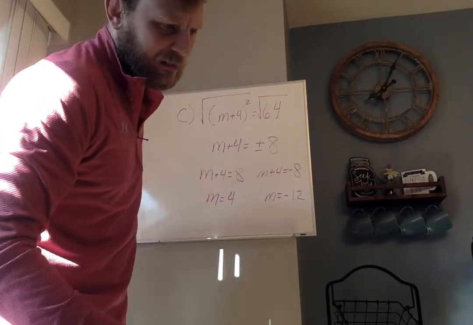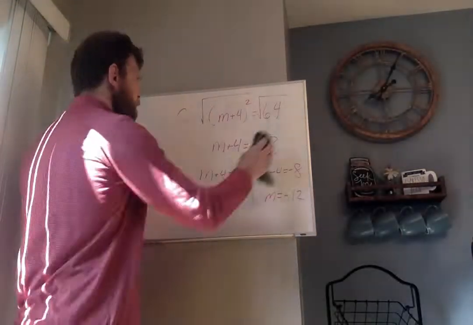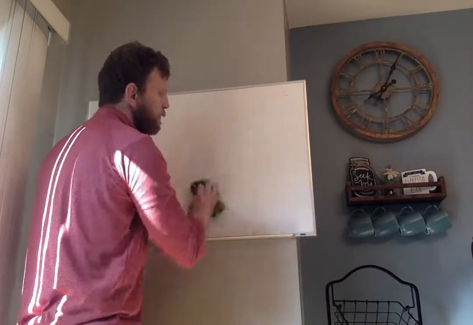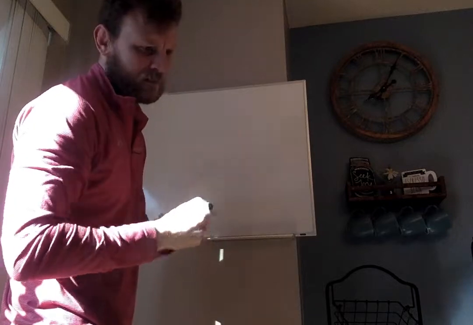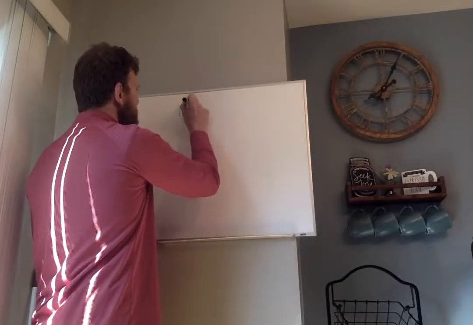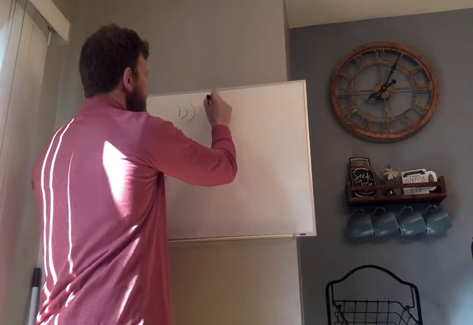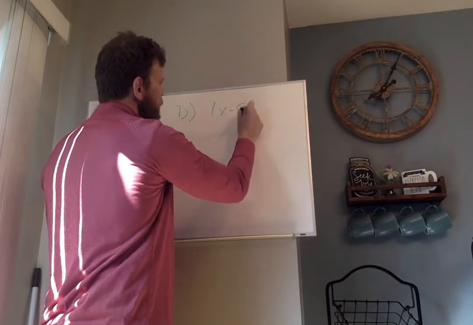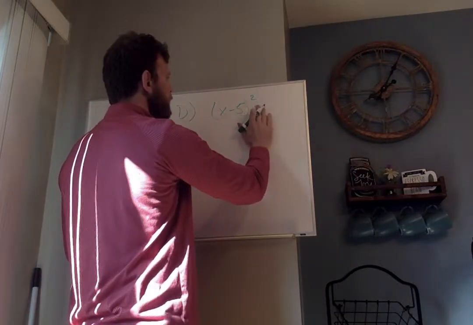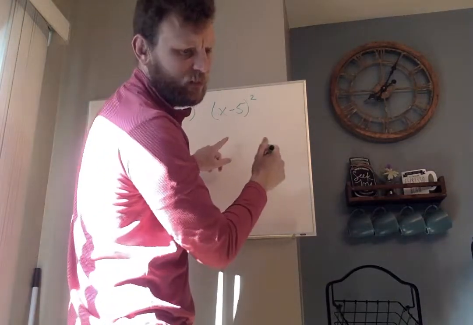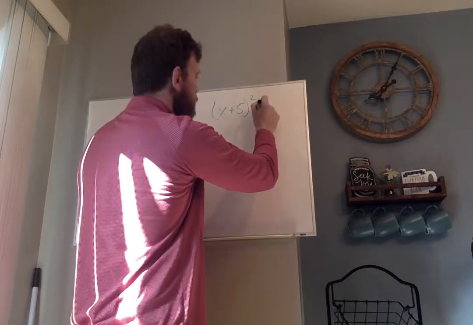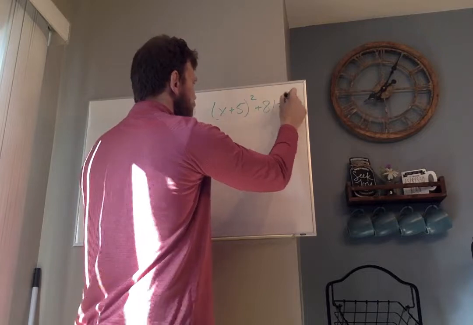All right, D. D is another one, a lot like C. So I have x minus 5 squared equals, not equals, x minus 5, nope, x plus 5 squared minus plus, I'm losing it here, guys.